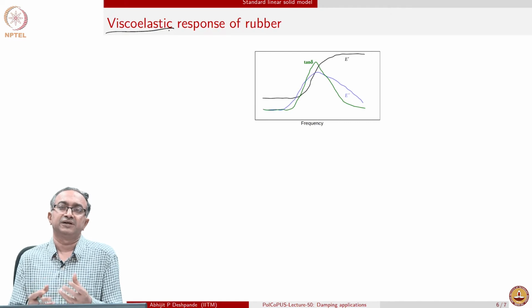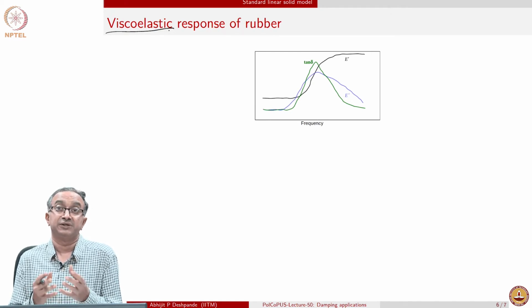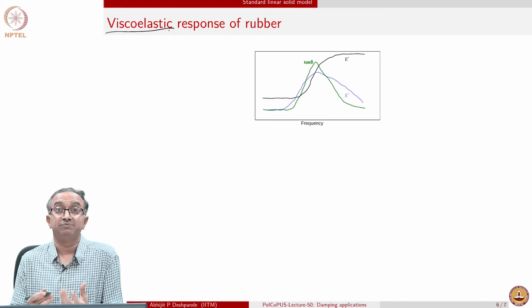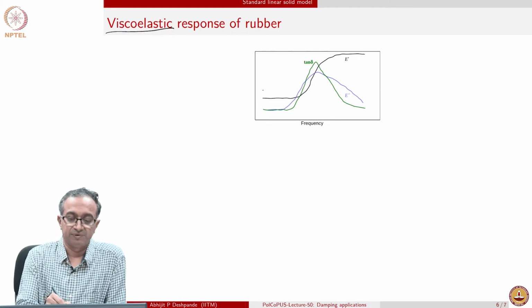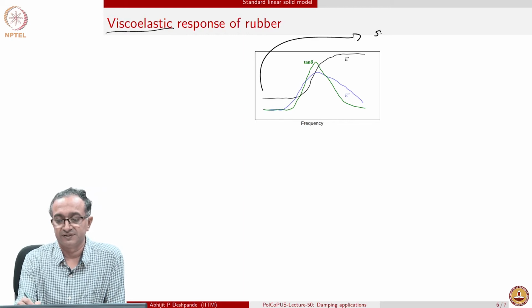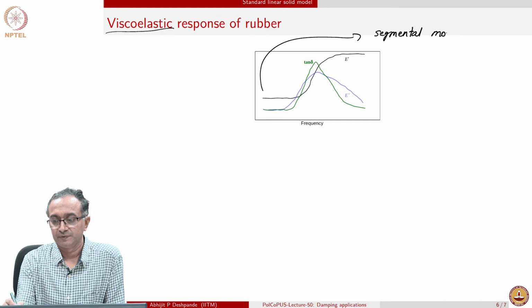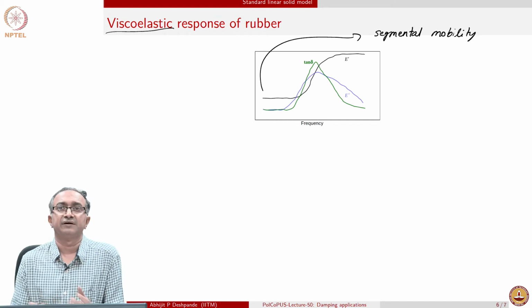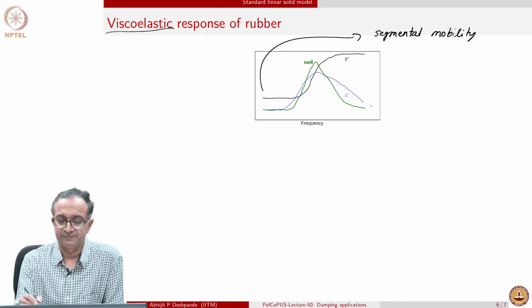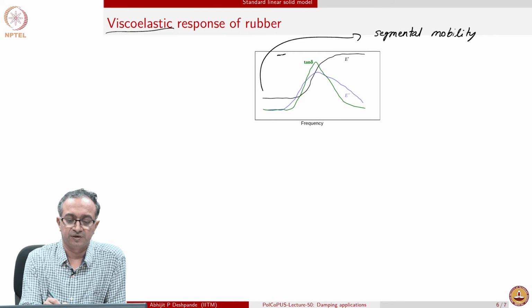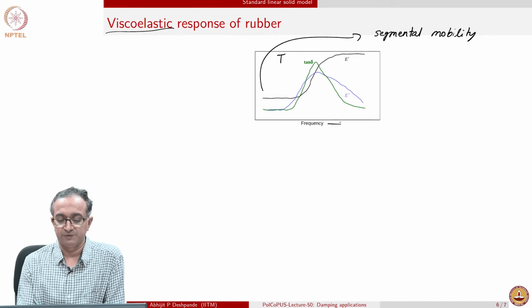If we subject the material to low frequencies, since the material is in the rubbery state, segmental mobility is there, and segments can fluctuate. So, this is where segmental mobility is present. This particular data, which is qualitatively being shown, is at some temperature T. So, it is an isothermal experiment, but frequency is what is being varied.